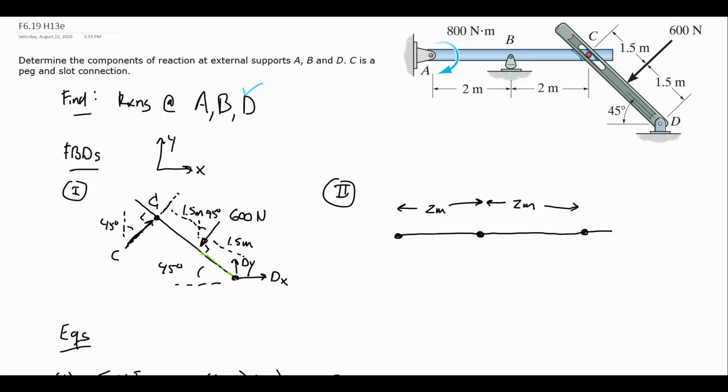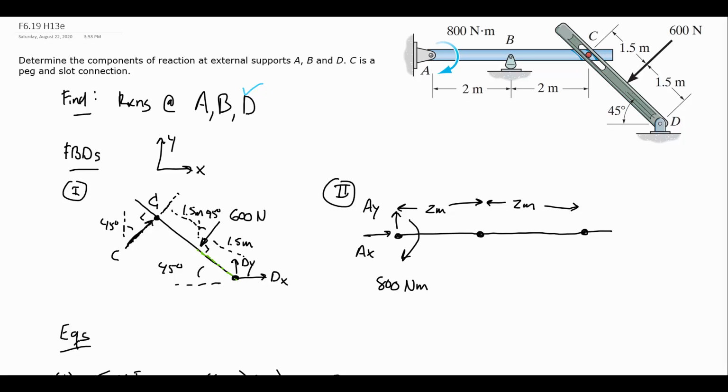I have this applied couple of 800 Newton meters at point A. And that's the only applied load I have here, so I can put in my external supports next. I have a pin at A, so I can draw its components, AX and AY. Again, I'll assume positive right, positive up, and let the math tell me if that's right or wrong.